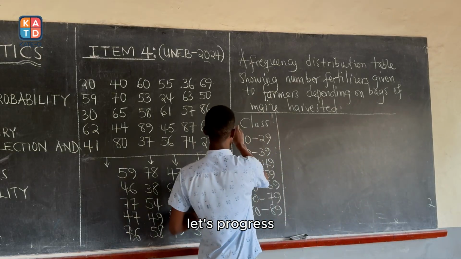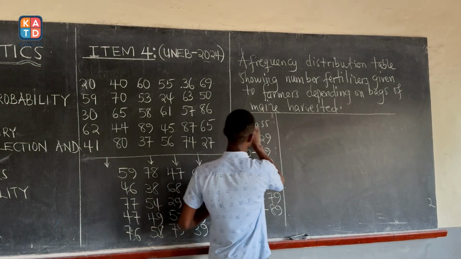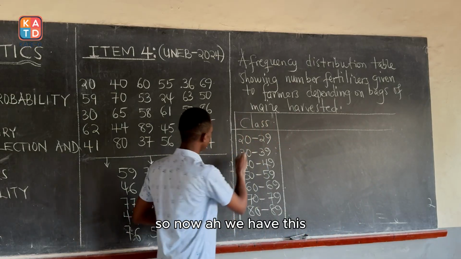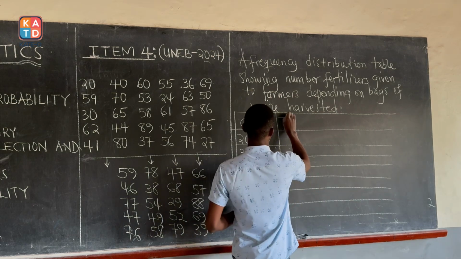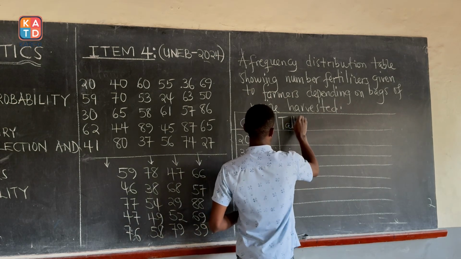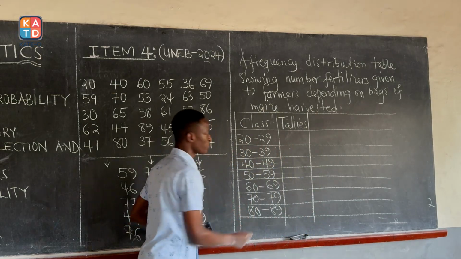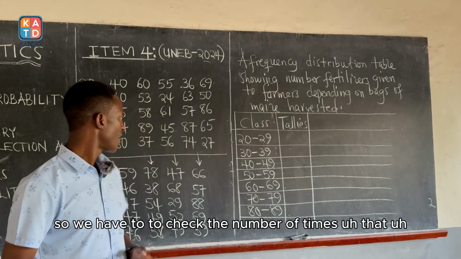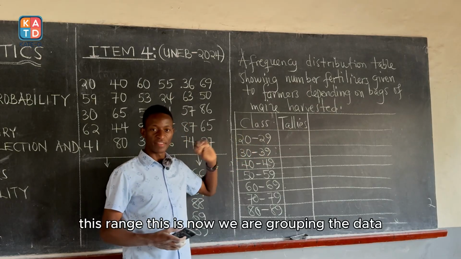So let's progress. So now we have this. So we have to check the number of times that this range occurs. We are now grouping the data.